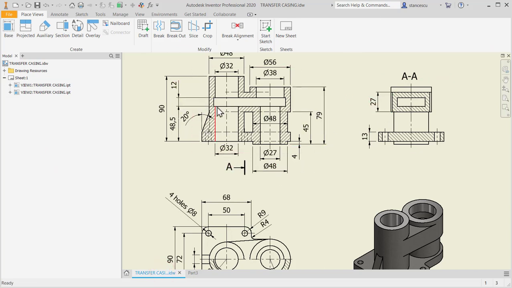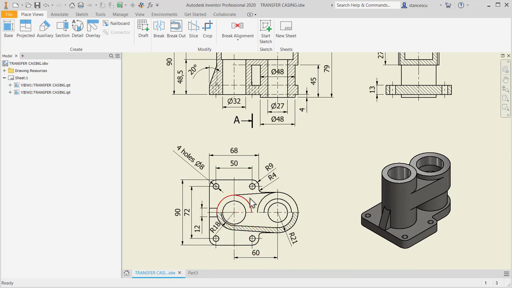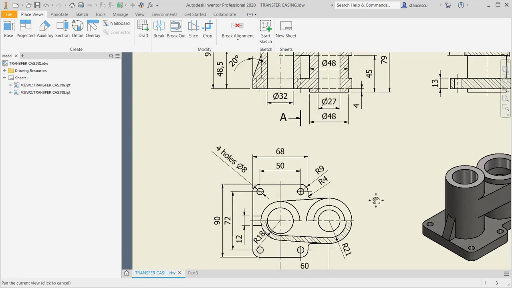Good. Inside this there is a hollow feature, yes, with this radius 18 and 21.